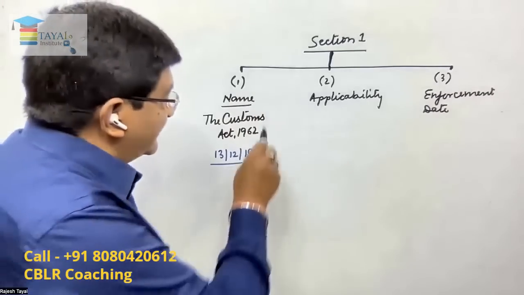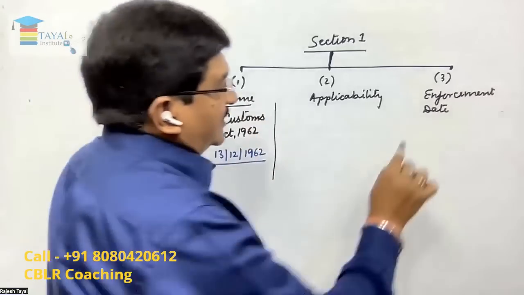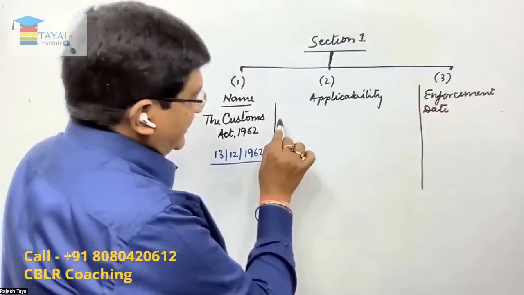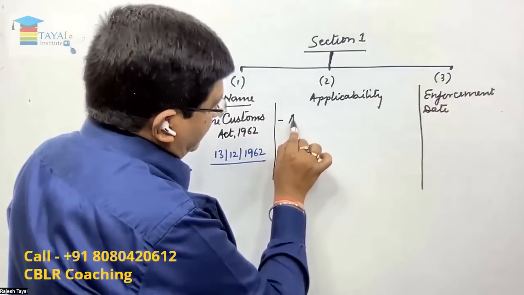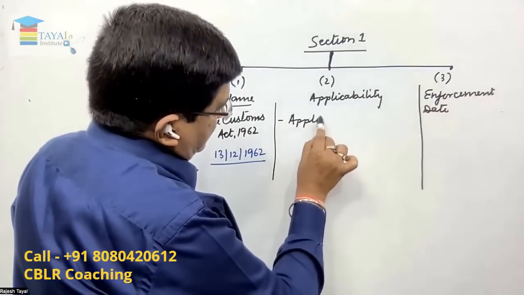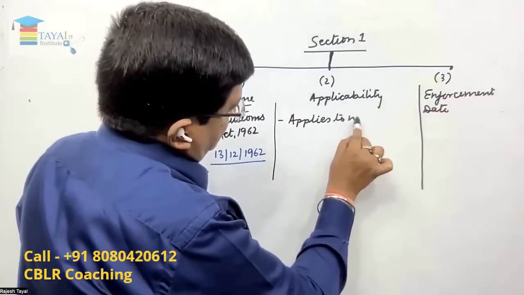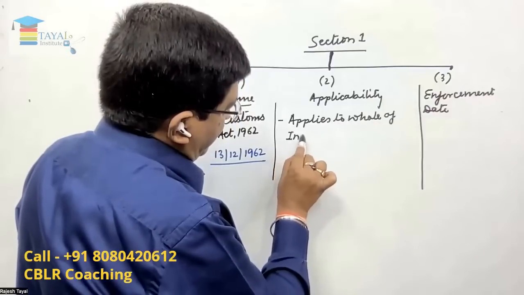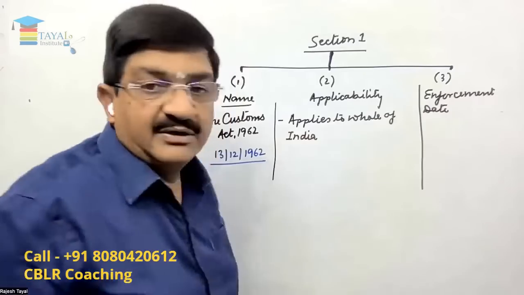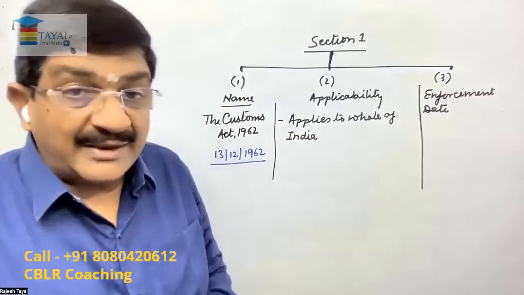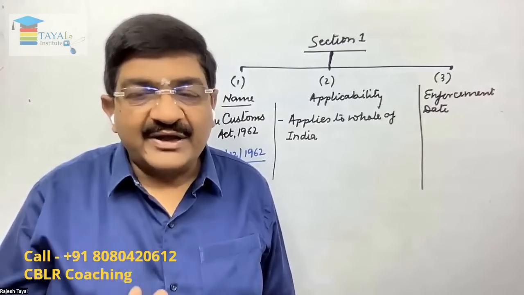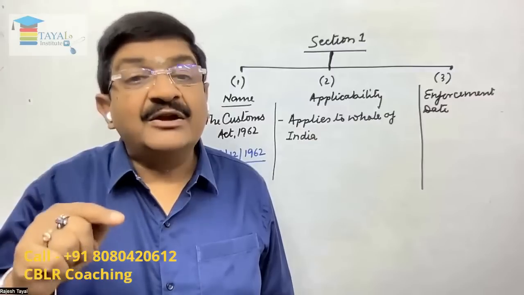As far as applicability is concerned, now this is a very interesting point to discuss. Number 1, this says it applies to the whole of India. Right? But what about applicability outside India? In general, the law of any country is applicable within that country only.